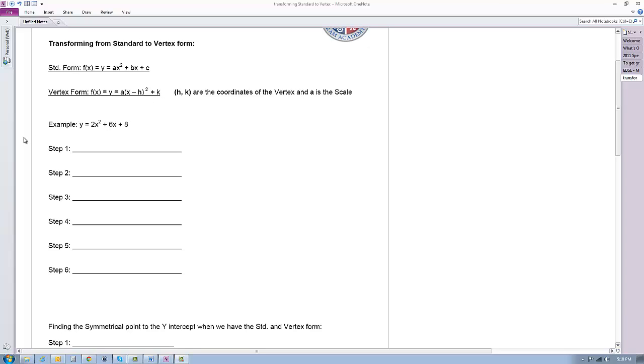Let's start with an example, and here we have y equals 2x squared plus 6x plus 8. The transformation follows the same steps as completing the square.